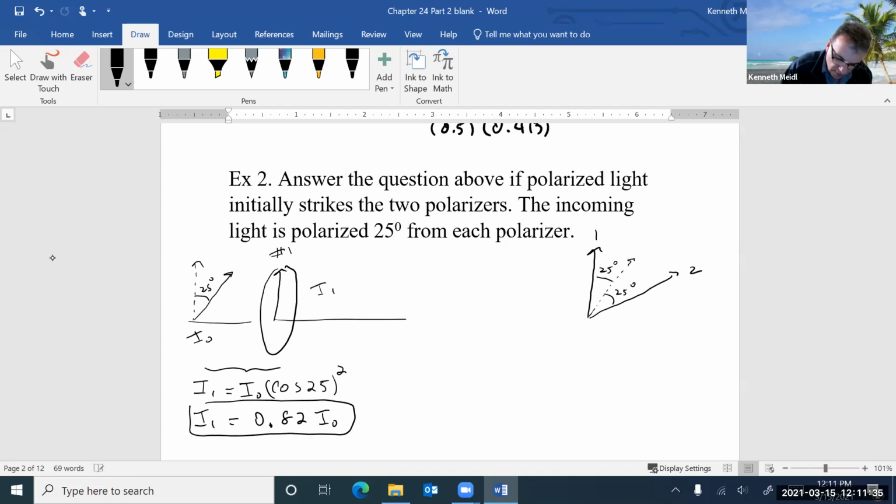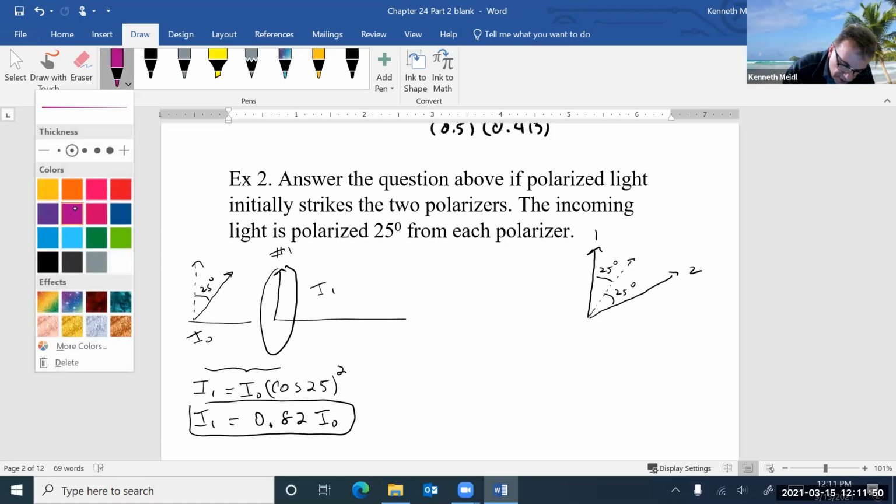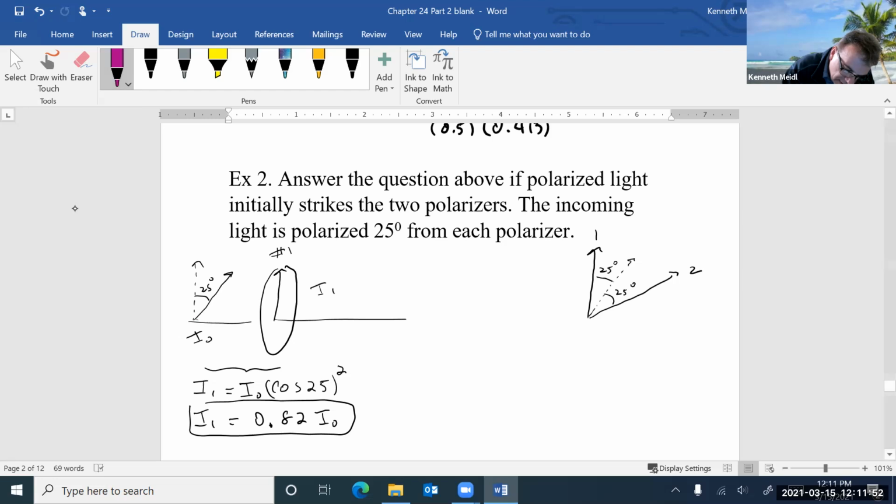Okay, so 82% of the light is in the space behind the first polarizer. And that makes some sense here because, just looking at vectors, this light vector has an X component and a Y component. And the Y component lines up with that transmission axis.